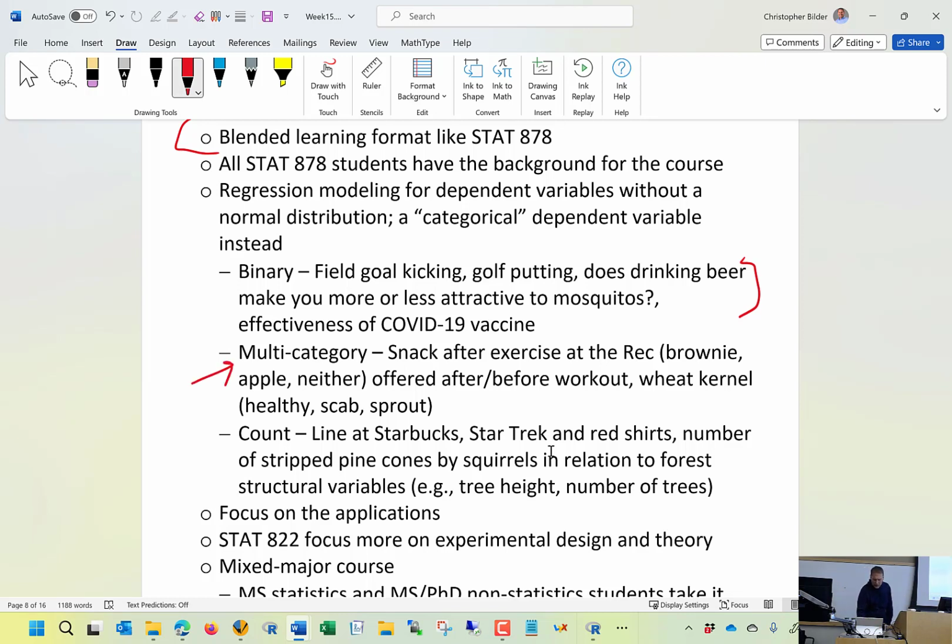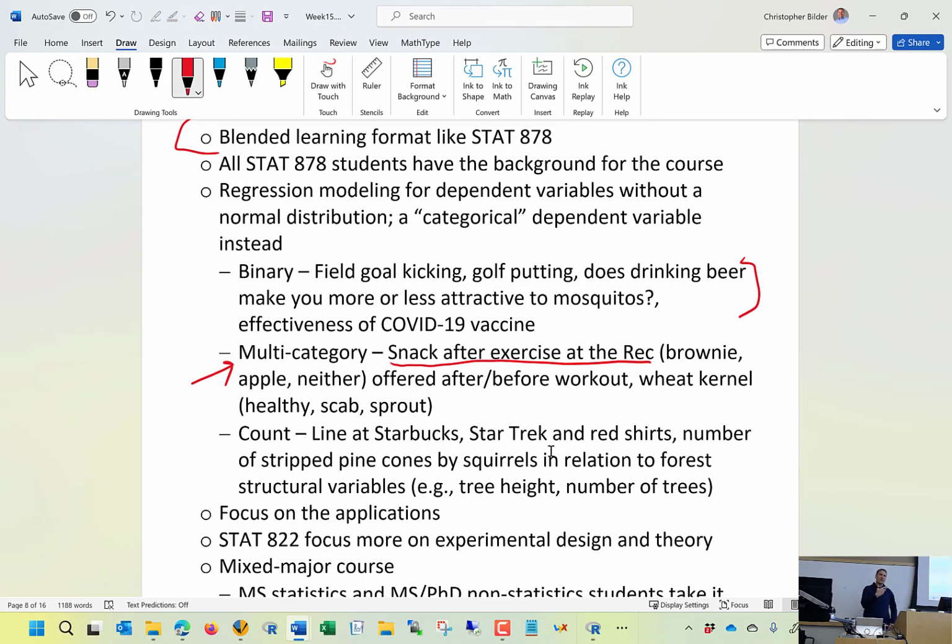But you can also have multi-category responses where, let's say, a response variable has 3 categories, 4 categories, and so on. An example that I like to talk about is an experiment that was done about 5 years ago here on campus at the City Campus Rec, where these researchers were interested in determining what type of post-workout snack someone would choose: a brownie, an apple, or nothing? But what they were very interested in is this.